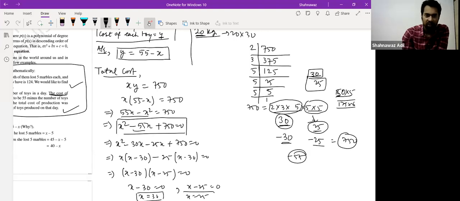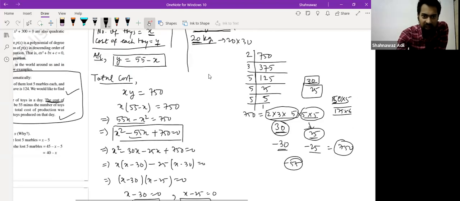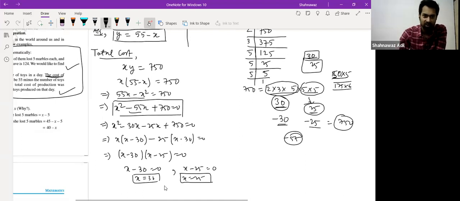So this x was the number of toys, and cost was 55 minus X. So if X is 30, then this would be 25.